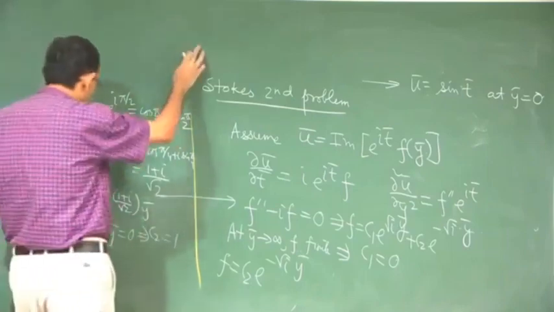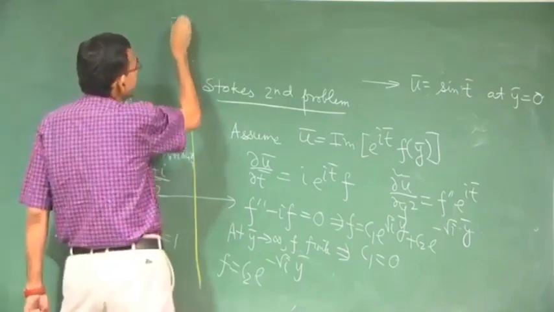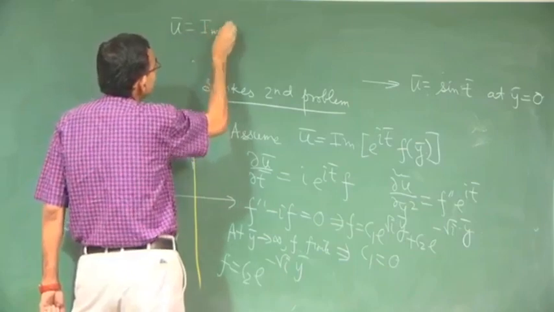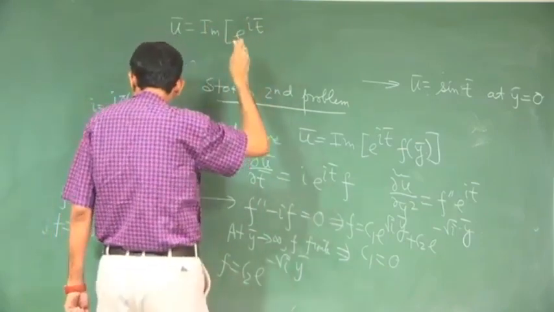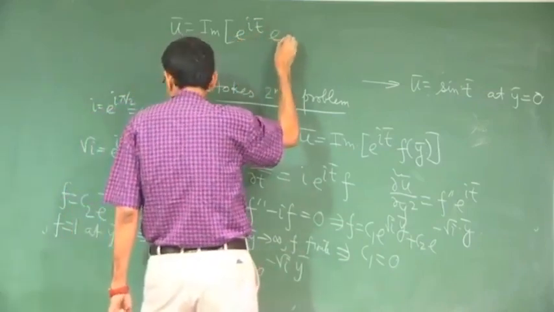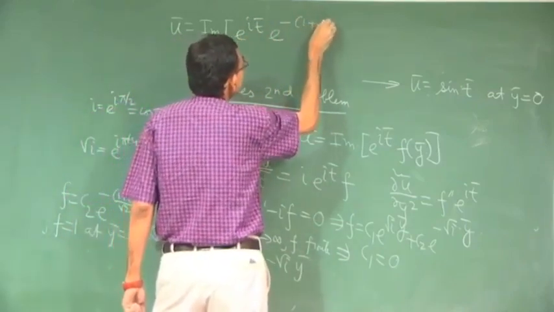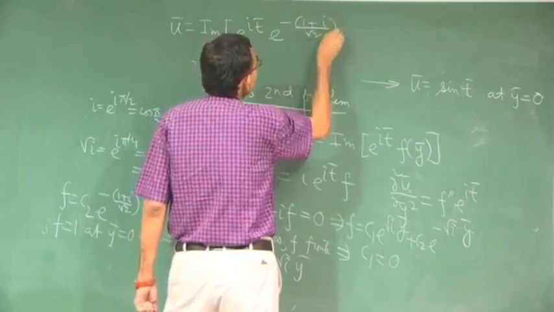So, your solution to the problem is u is equal to imaginary part of e to the power I t into f(y), which is e to the power minus 1 plus I by root 2 into y.